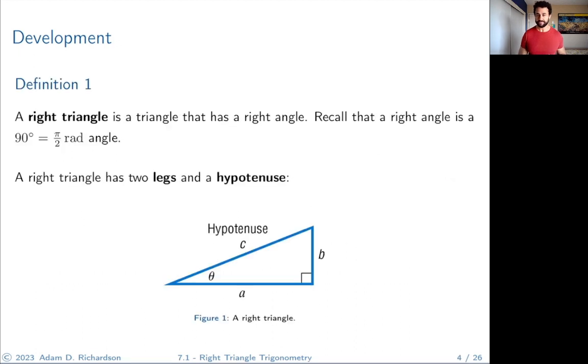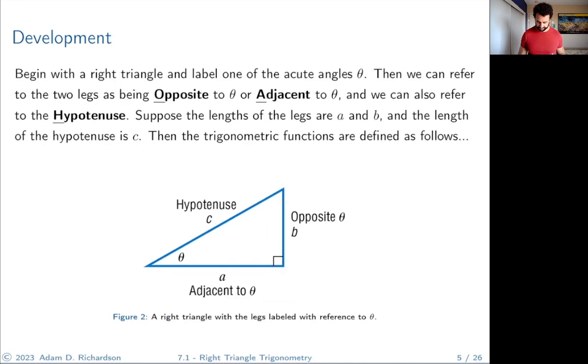So a quick review, a right triangle is a triangle that has a right angle in it. And recall that a right angle is just a 90-degree angle, or an angle that's pi over 2 radians. So a right triangle also has two legs and a hypotenuse. You can always break down a right triangle into these three sides, two legs and a hypotenuse.